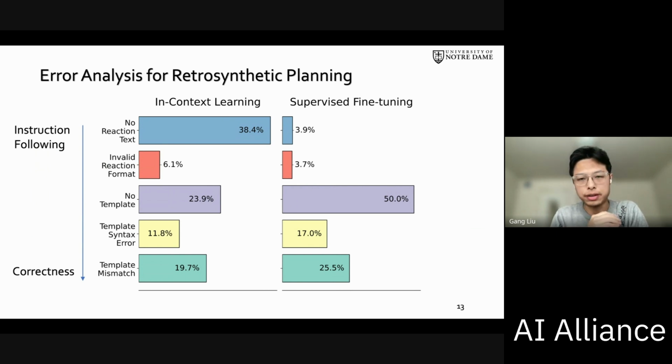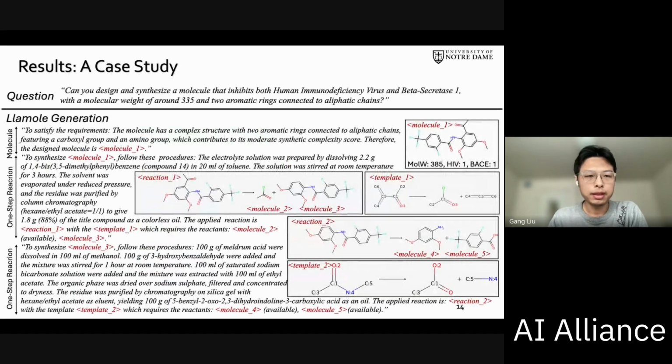But for the supervised fine-tuning method, they can follow instructions, but usually they don't generate templates. It means that we cannot verify whether the generated reaction formula is correct or not. Okay, that's all I want to share about the model design, data size, and the experiment results.